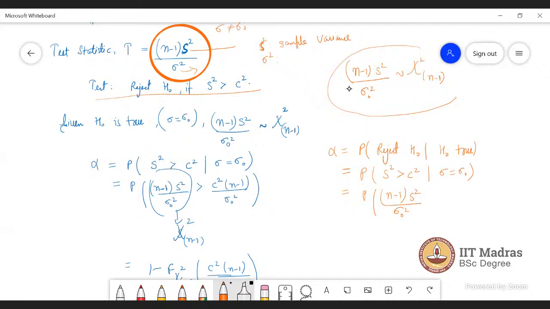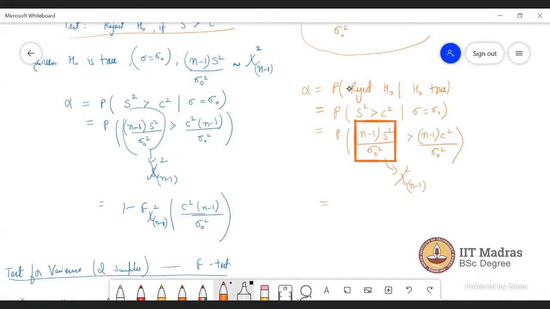And the same thing we will do on the right hand side. So this is going to be n minus 1 C square upon sigma naught square. So this term here becomes the chi-square with degrees of freedom n minus 1. And we can write this as 1 minus F chi-square n minus 1 of n minus 1 C square upon sigma naught square.